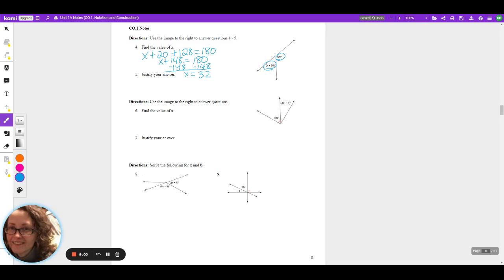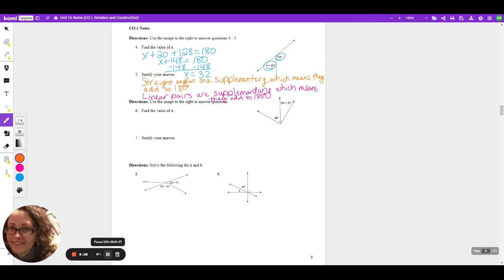As justification, I can write that straight angles are supplementary, which means they add to 180 degrees, or I could use linear pairs and say linear pairs are supplementary, which means they add to 180 degrees.